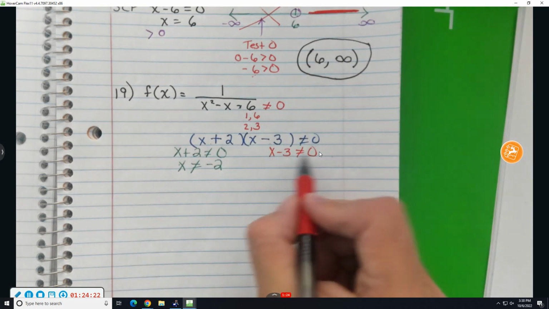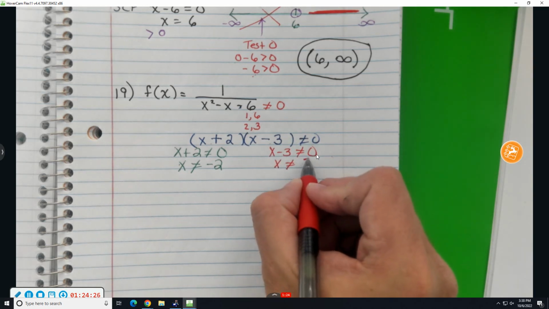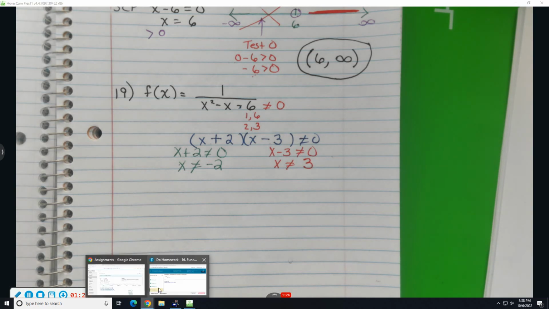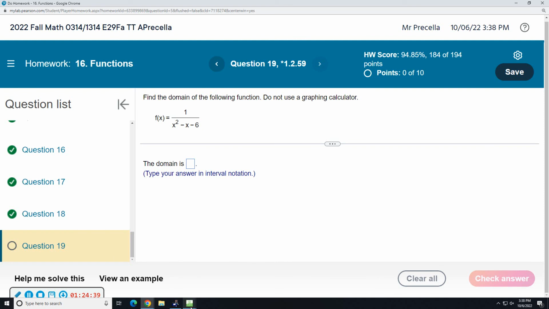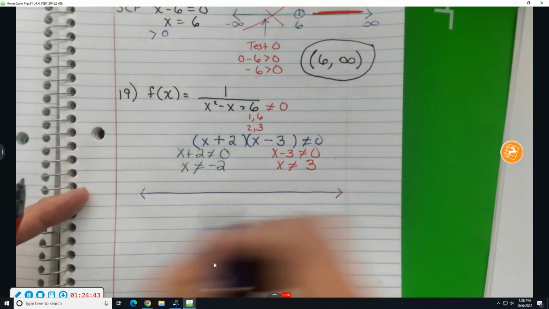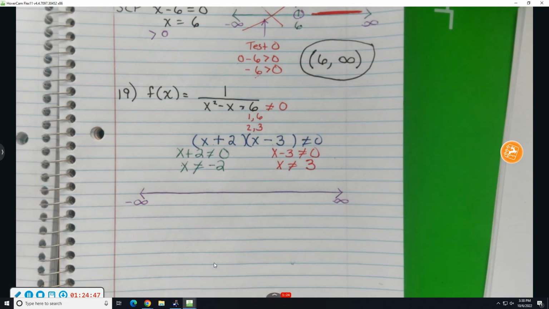Over here on the red one, X can't be positive 3. This is not a multiple choice one, right? Yes. So let me do it. Let's practice writing this in interval notation. In words, the domain is all numbers except negative 2 and 3.